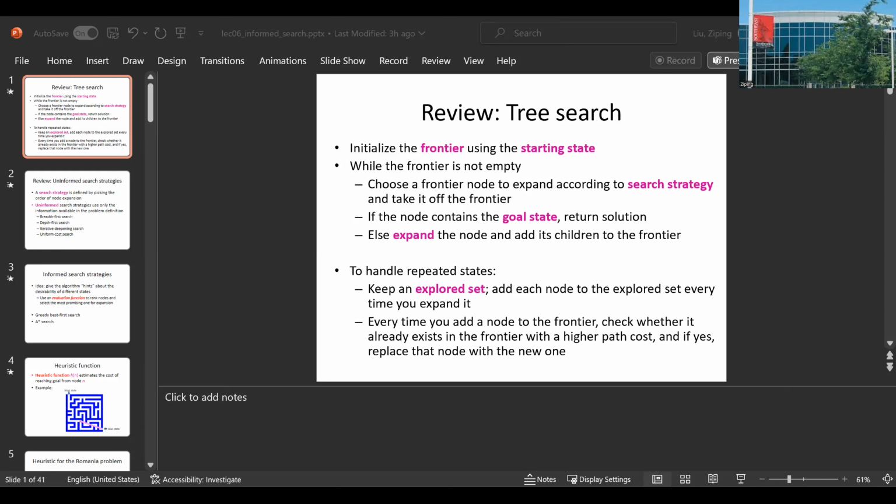We add 3 neighbors to the frontier, using each of the estimates. This 140 is the actual cost. That is the actual cost, 140.